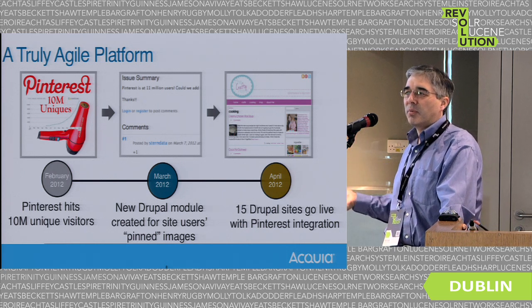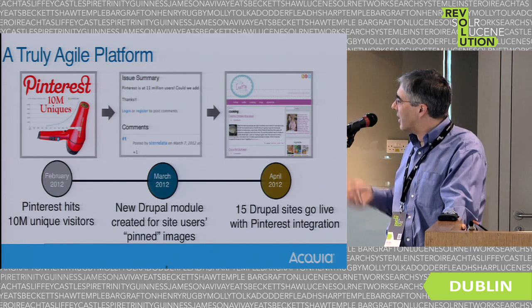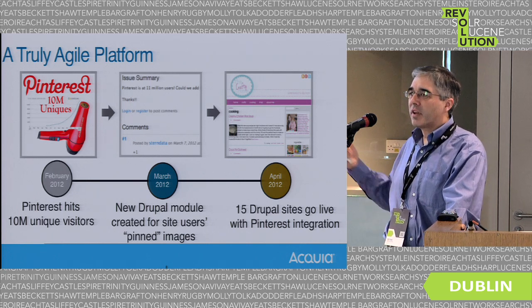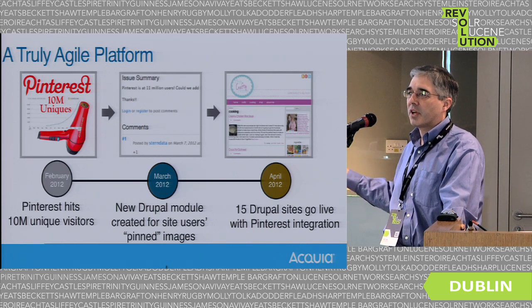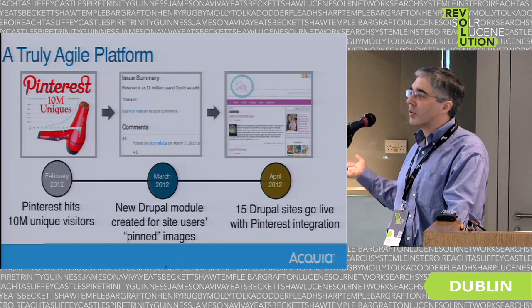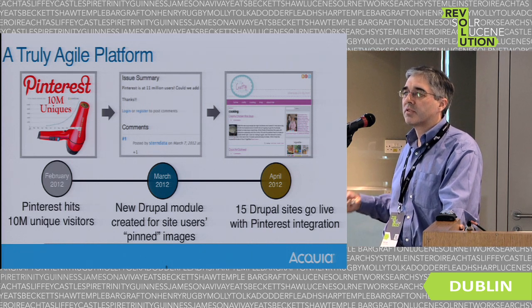People in the Drupal community got interested, said, hey, this is some new phenomenon. It's not something I personally do, but a lot of people have been very excited about it over the last year. So within a month, someone posted a project to integrate with the Pinterest API. And within 2 months of that, there were 15 Drupal sites that went live with Pinterest integration so they could show their users' pinned photos.